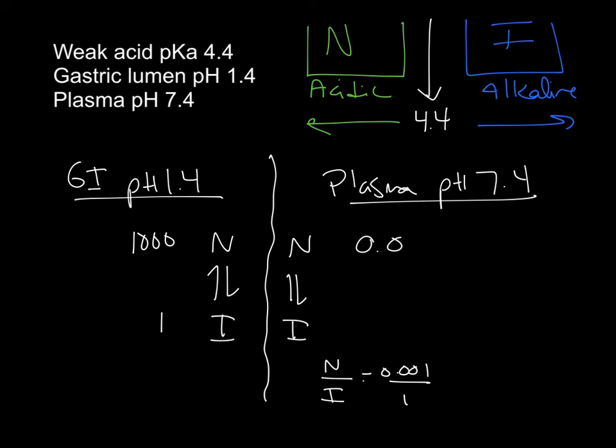We can't use these numbers directly. So if we were to imagine that it was like this, these 1,000 particles would try to distribute. So we might have 500 on this side, 500 on this side. But as soon as some of these leave, remember there's a strong drive for them to move toward non-ionized on this side. So some of these would become non-ionized. This would actually be 0.5. And over here, the same idea. The drive is for this to be a 0.001 to 1 ratio.